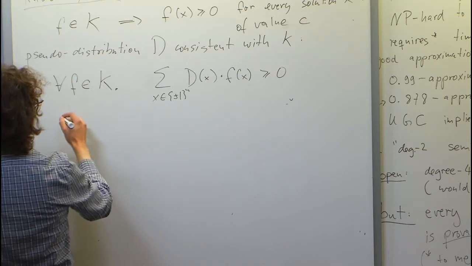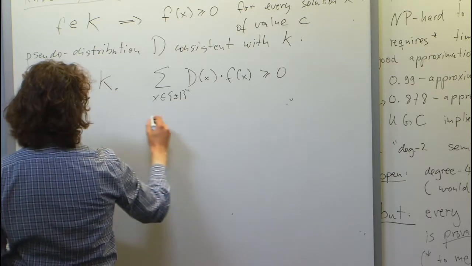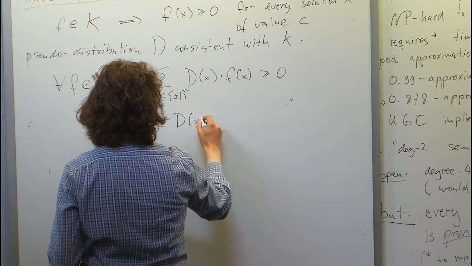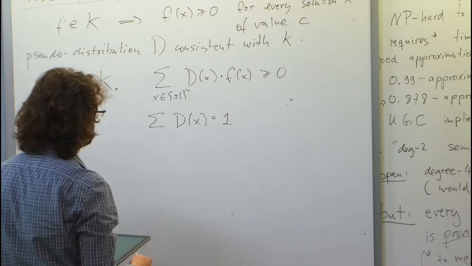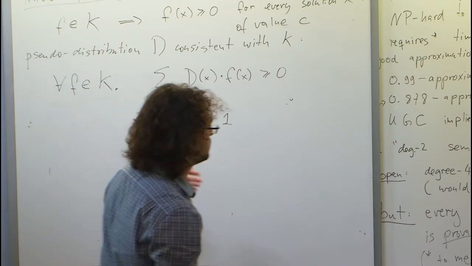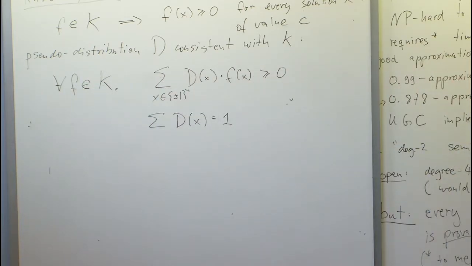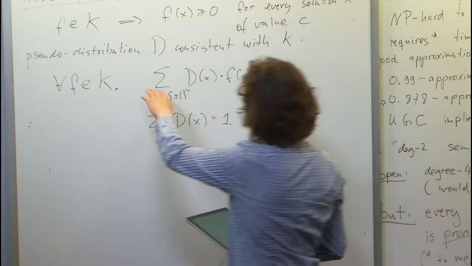And the other condition is that if you sum up the values of d, then you get 1. Okay? So it means that we replace the condition that d is non-negative everywhere by this strange condition.